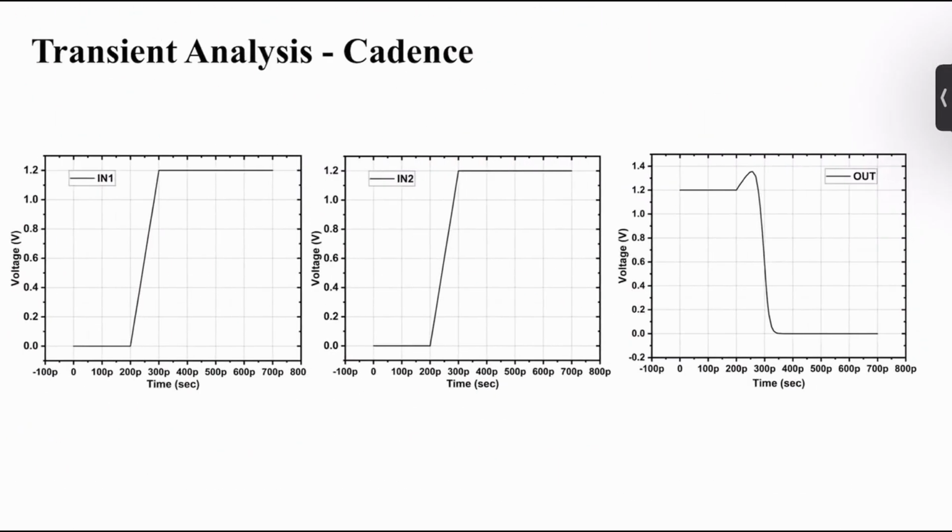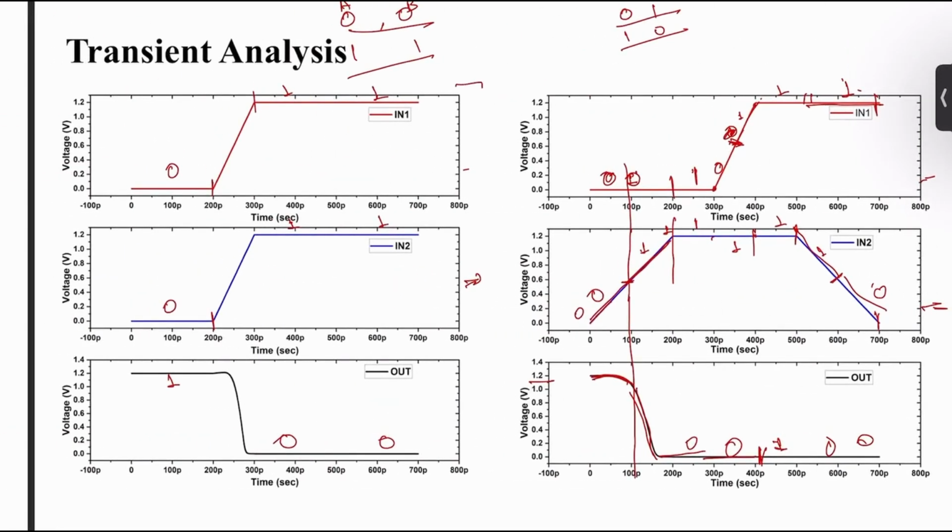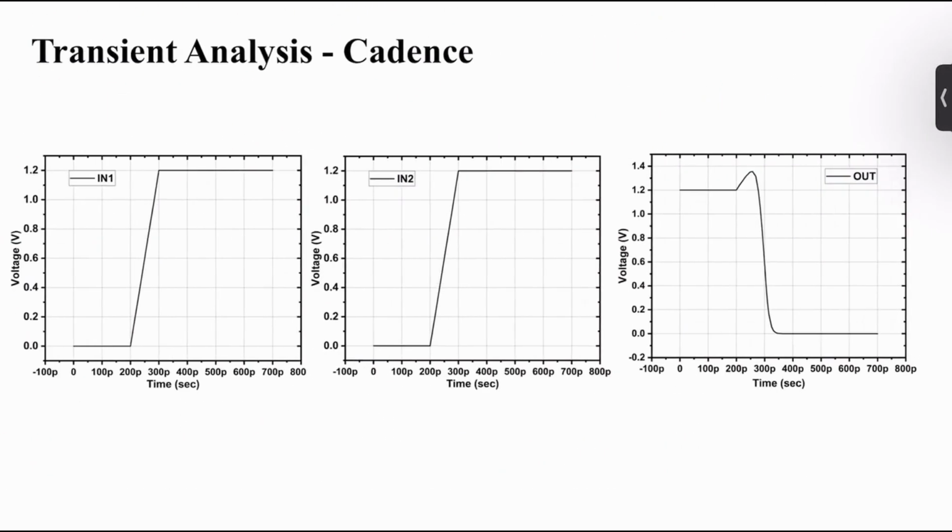In Cadence I did it for only this input. Same as that, from 0 to 200 it's 1, and then there is a transition between 0 and 1, and input 1 and input 2 are the same. This is maybe because of parasitic capacitance.